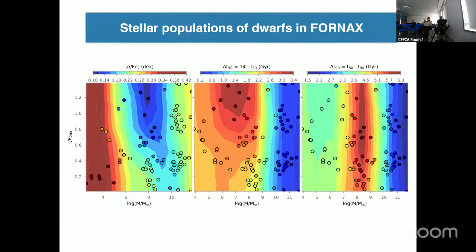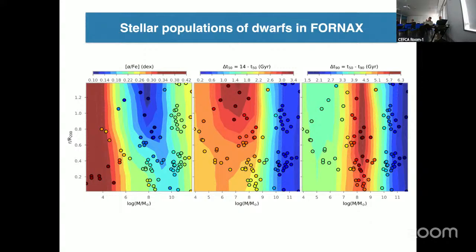Basically, galaxies located down to the center of the cluster or the Milky Way have larger T50 than the other ones. But when you go to the second part of the stellar population, the last 50%, there is a relation with the position in the cluster only for the dwarfs between 10 to the 7 and 10 to the 9, but not for the very massive ones and not for the less massive ones.